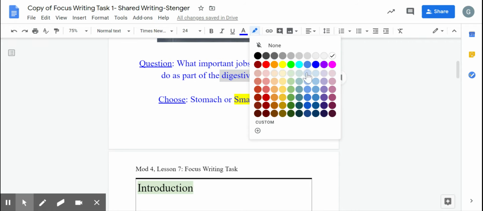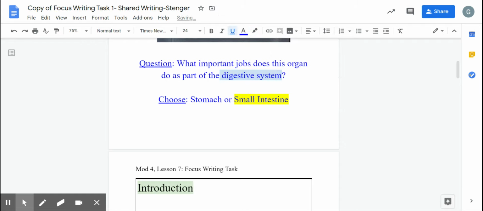That's super important to what we're talking about right now. And we know we need to use the words small intestine. The other thing that would be important for us to talk about is the important jobs, because we need to introduce to our readers what they're going to learn about. Your introduction sentence doesn't need to be as specific as your topic sentence.